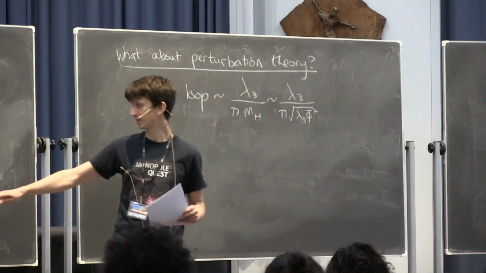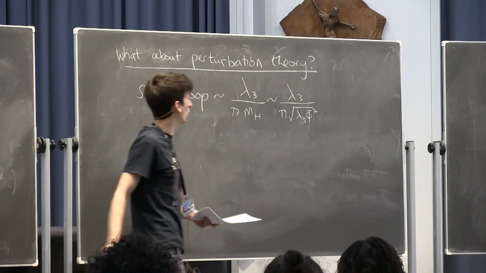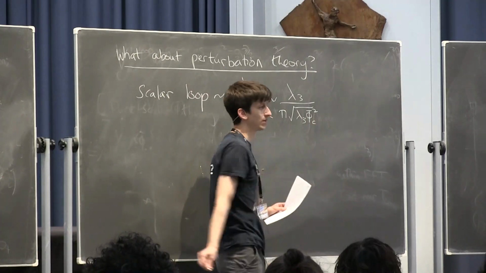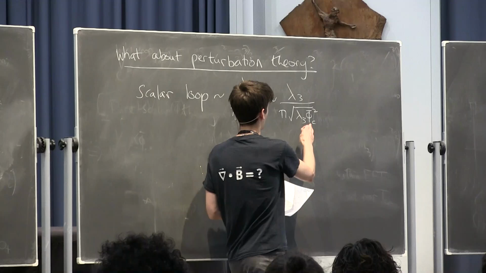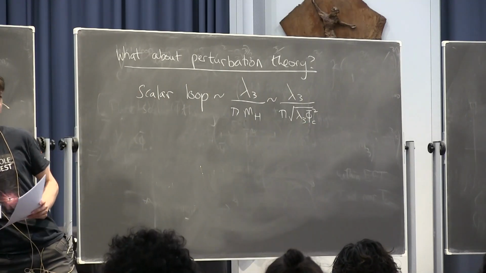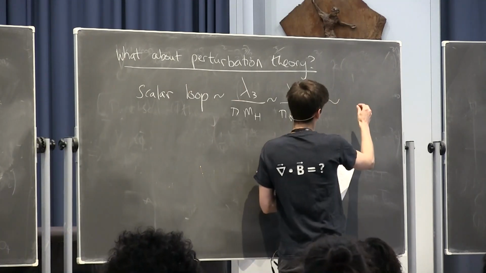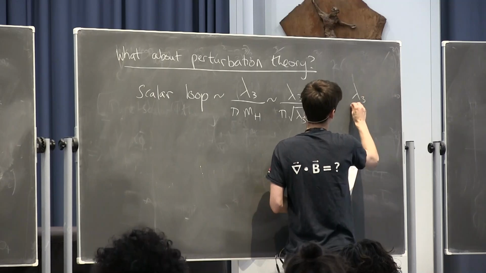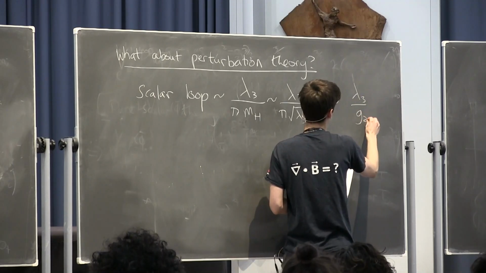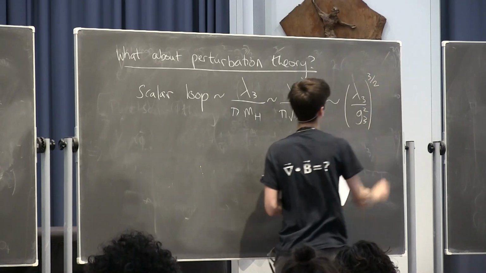And if I evaluate this at the critical temperature, where we expect it to be worst, I can put in my computed critical phi and then my computed critical Higgs mass. And I get that it's equal to lambda 3 on g3 squared to the 3/2.